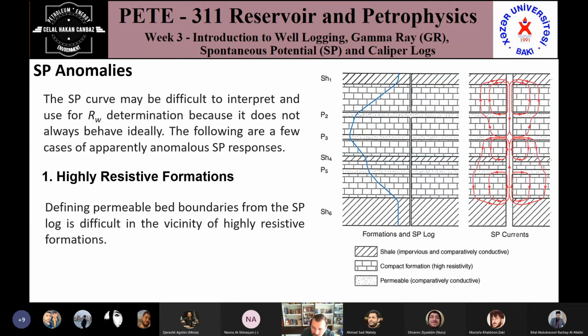The SP curve is concave toward the shale line, and opposite to this, at every shale bed, the SP curve is convex to the shale line. Defining the permeable bed boundaries from the SP log is difficult in the vicinity of high resistive formations. So one of them is this one.